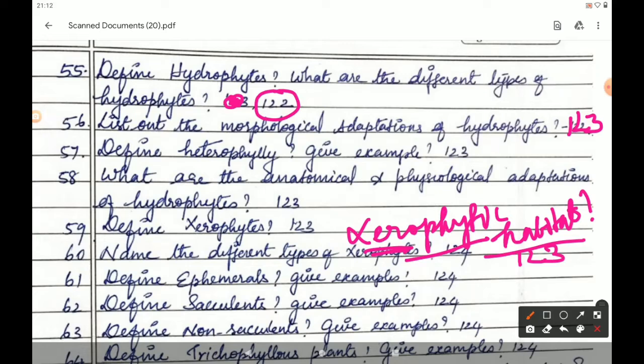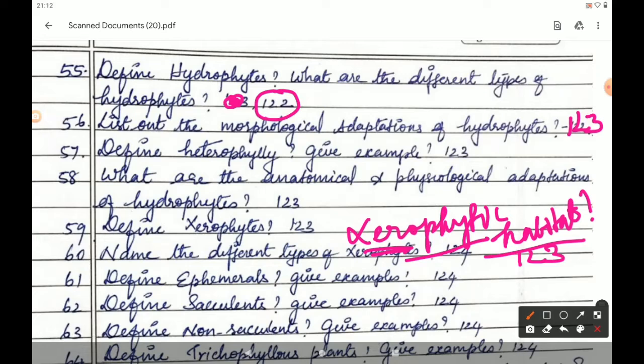So physical dryness habitat contains soil which has little amount of water due to the inability of the soil to hold water because of low rainfall. The next habitat is physiological dryness.